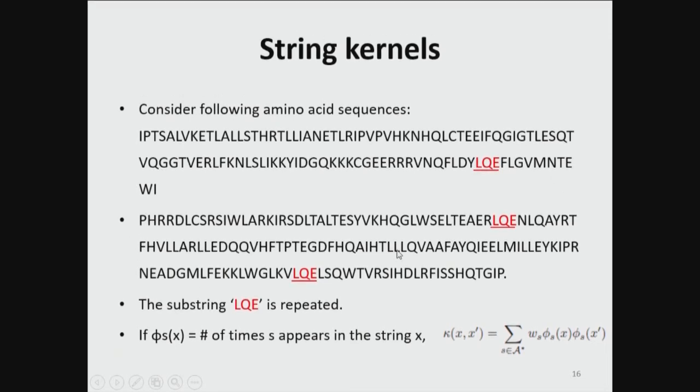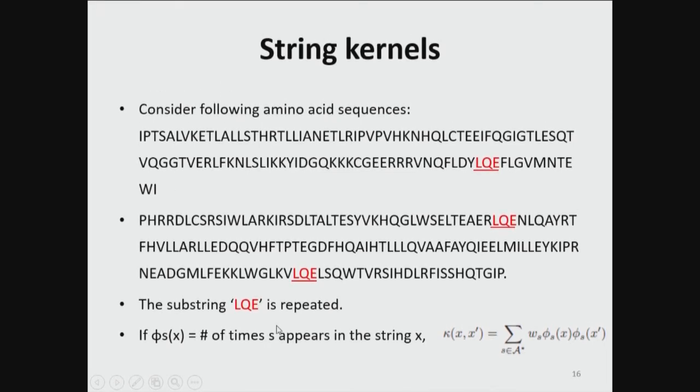Similarly, if we go through the second amino acid sequence, we notice that at least 2 times LQE is repeated. Therefore, the substring LQE is repeated in this. Then we define the number of times the substring LQE is repeated in string number 1 or string number 2.